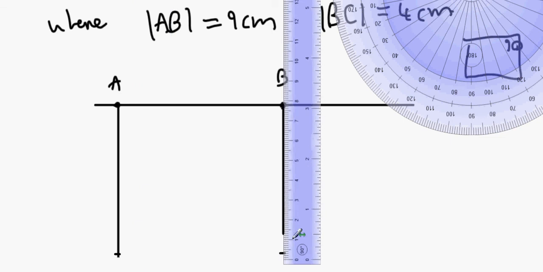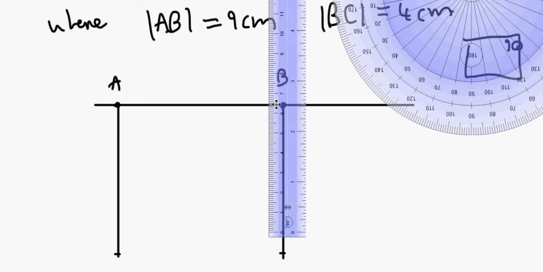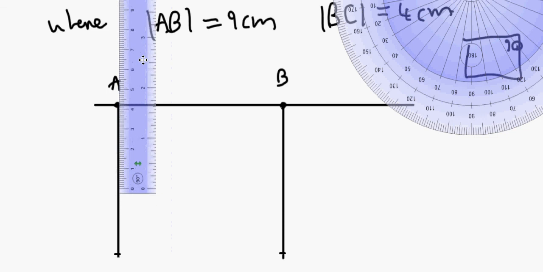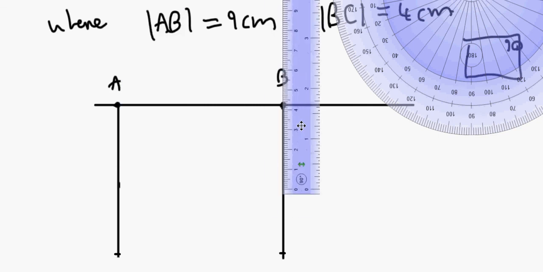And then once we've done that, we can now mark two 4 centimeter sections on it. Okay, so we need 4 centimeters because that's the length of the line. So this one here is going to be 4 centimeters here. So 4 centimeters is located here, the first one. Then bring it over to the other side. 4 centimeters for the second one.